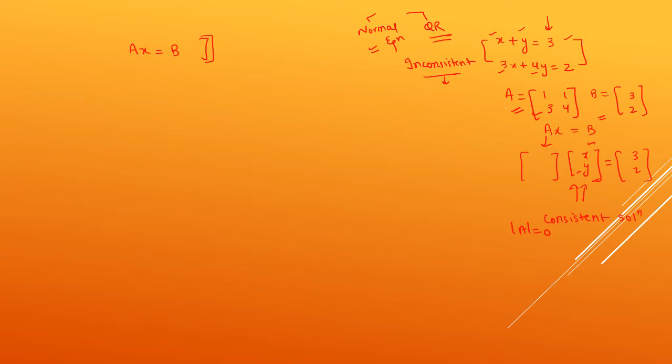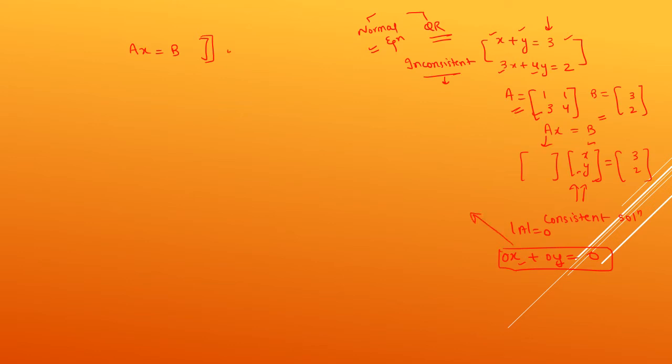You may wonder how we cannot find the values. Let's say there is the equation 0x plus 0y equals 0. You can't have any value for x and y. So inconsistency is there, and for that you can apply the normal equation method.